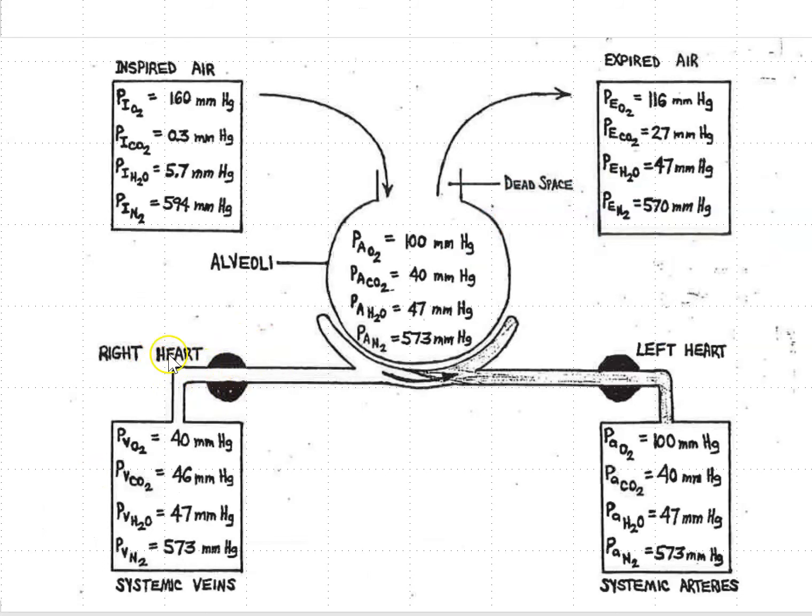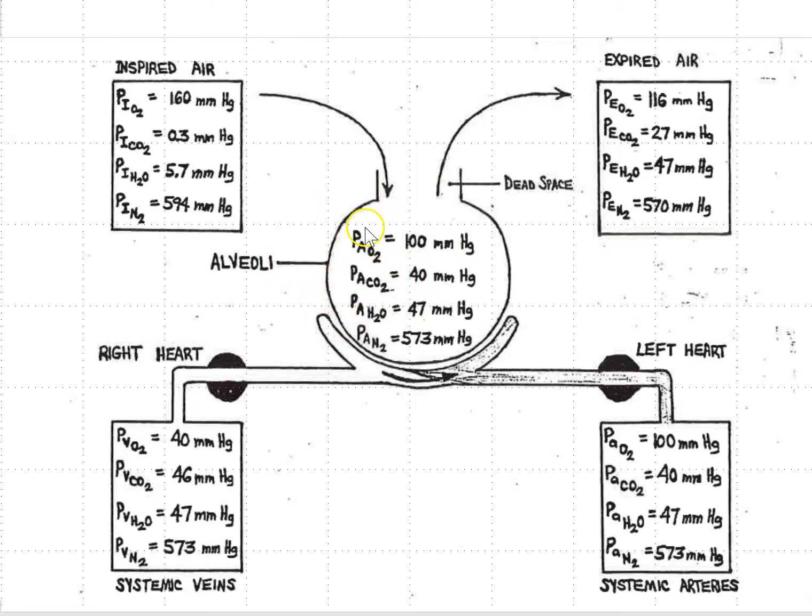If you look at this picture over here, the right heart basically pumps carbon dioxide rich blood to the lungs, and in the lungs gas exchange occurs at the alveolus.